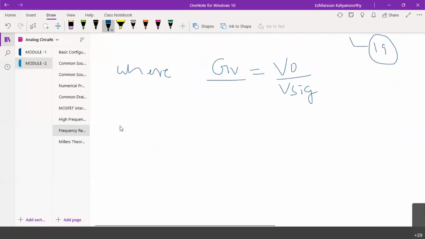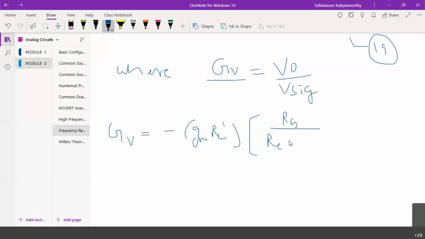So from this, I can write GV is equal to minus GM RL dash, next RG divided by RG plus R dash sig, into 1 divided by 1 plus S by omega naught.